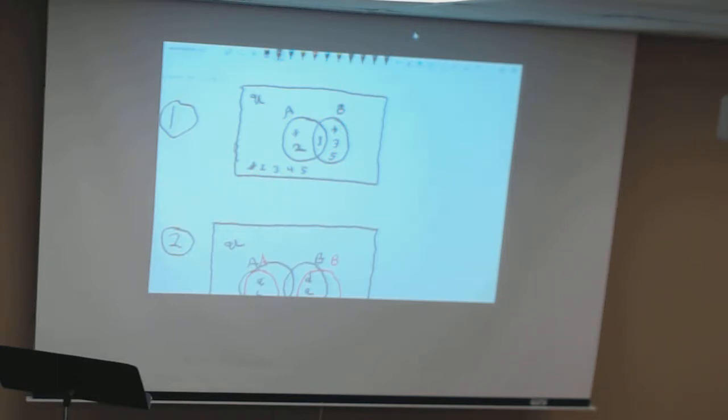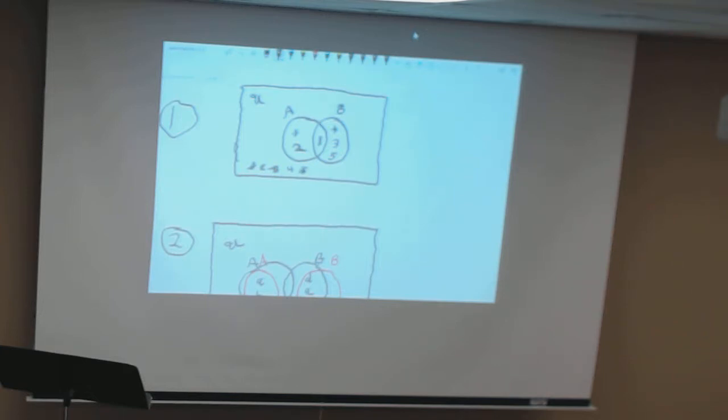And B has 1 and 3 and 5 in it. And the universe, now since I've got 2 here, I don't need 2 down here because 2's in A and 3's in B, so I can mark this one out. And 5's in B, so I can mark this one out.